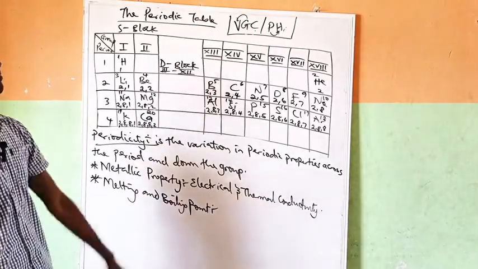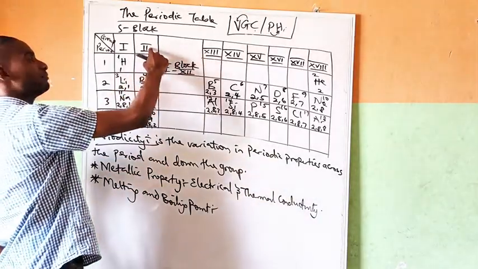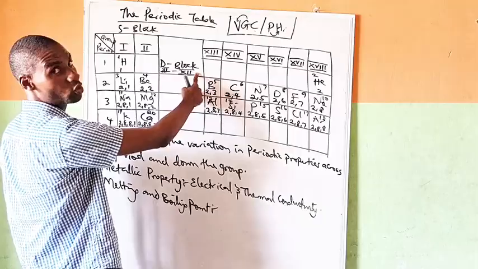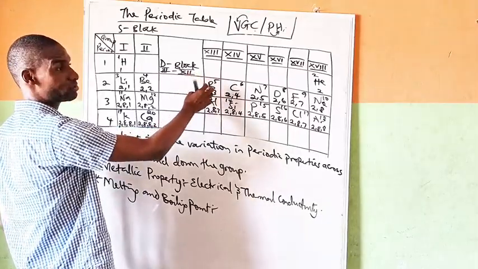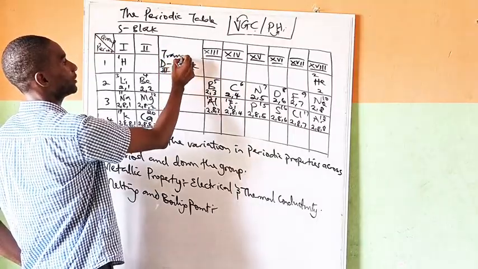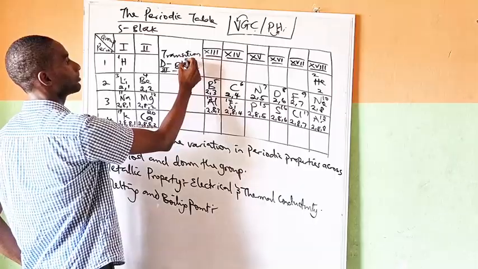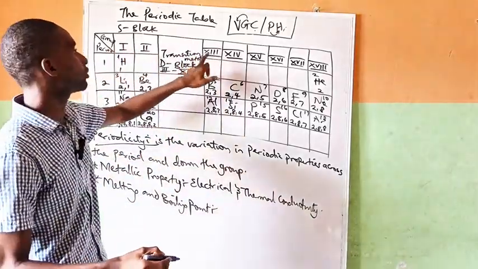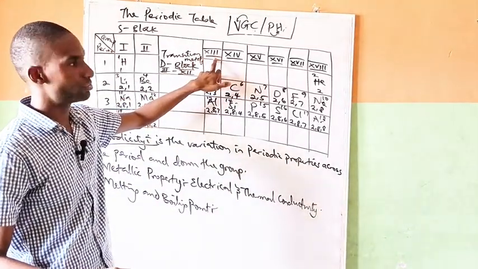Between group 2 and group 13, groups 3 to 12 are transition metals, so they are still metals as well. So this D block, these are transition metals. So this group 1 to 13, they are metals.